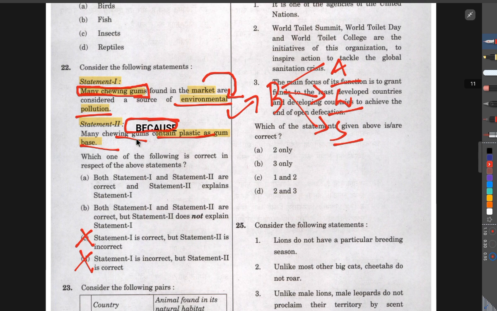So because of the chewing gums containing plastic, many chewing gums found in the market can be considered a source of environmental pollution. If you draw a circle here, you can see that there is an intersection, and that intersection is the possibility.